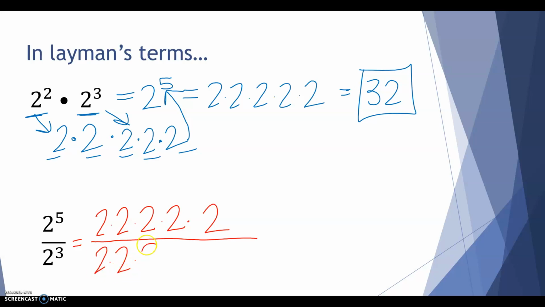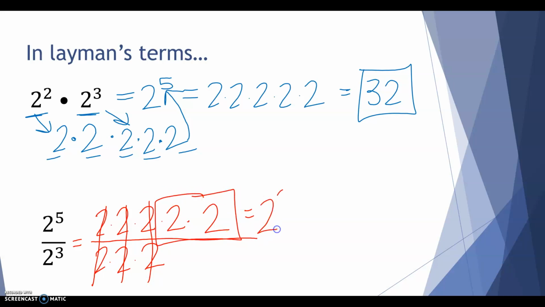1, 2, 3. Now, you want to cross off the same amount of 2s from the top and the bottom, because if you cross a 2 over 2, you're going to get a 1. So 2 divided by 2, gone, it's 1. 2 divided by 2, gone, it's 1. 2 divided by 2, gone, it's 1. Oh, look, what do you have left?